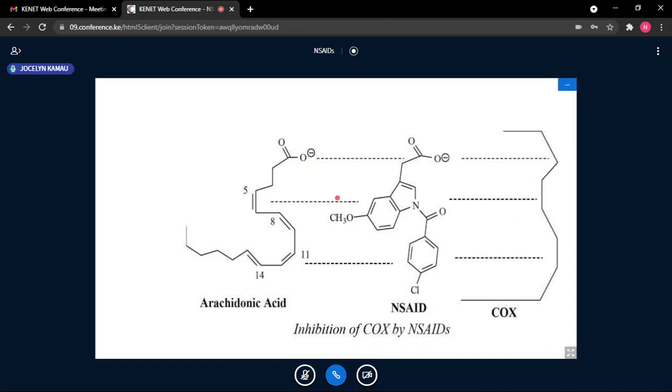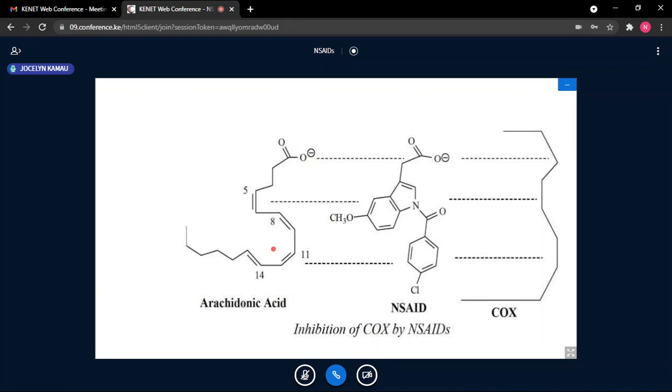So that area, the first hydrophobic area, and also position 5 to 8 of the arachidonic acid, corresponds to a certain hydrophobic area within the COX enzyme, again allowing for very good hydrophobic bonds.